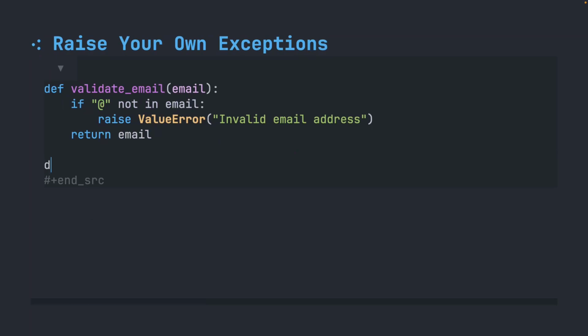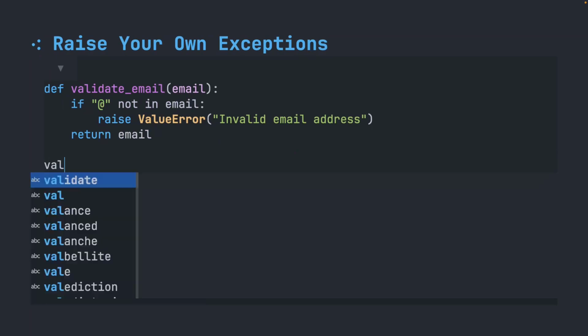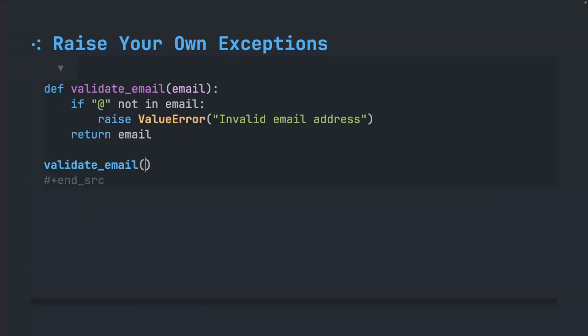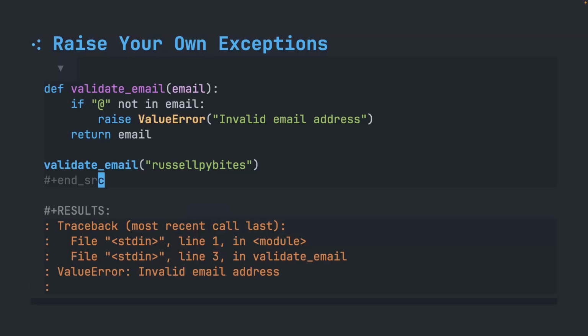So if we take a look here and we call this function validate email, you'll see right here we created our own custom version of a ValueError, and it says invalid email address. This doesn't exist in Python on its own, this message right here. We created it ourselves.